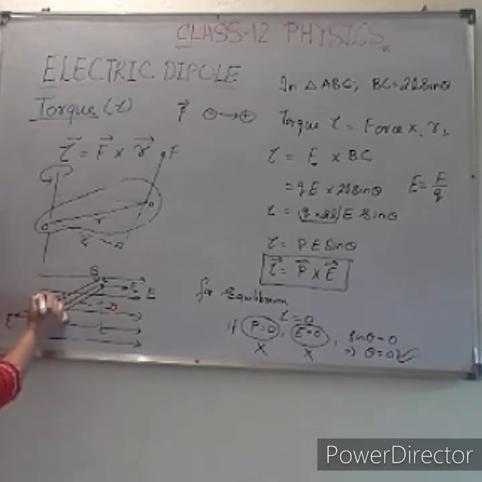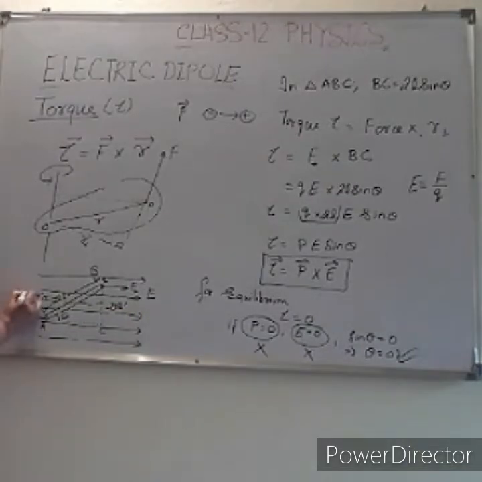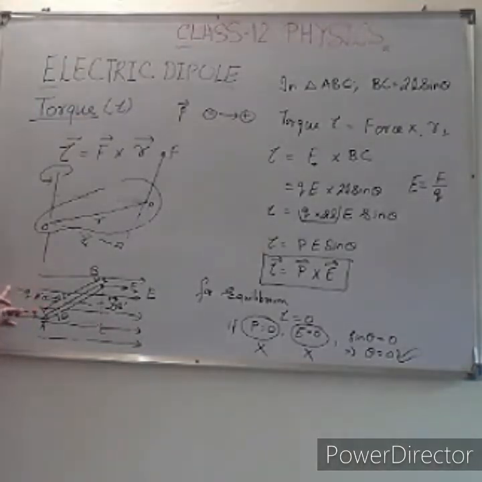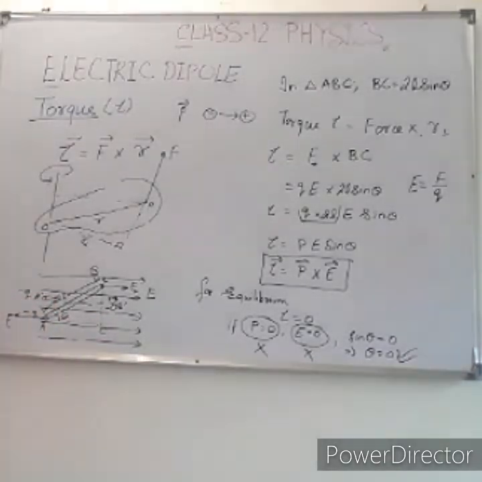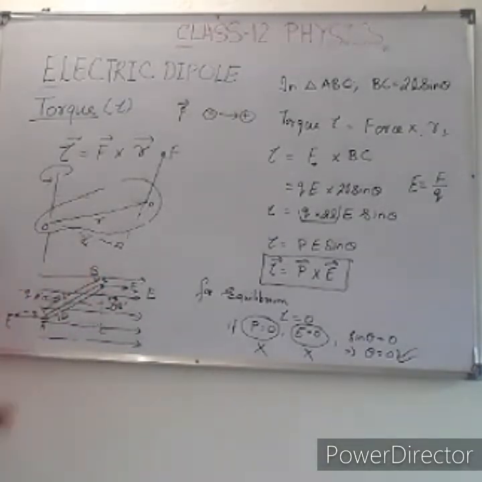This is the A dash and B dash situation, where A dash means minus Q charge and B dash means plus Q charge. Remember this: the electric dipole moment is always from minus Q to plus Q. It is never from plus Q to minus Q. So don't be confused. If you take the plus Q charge here at the A dash point, that means the angle between P and E is 180 degrees.